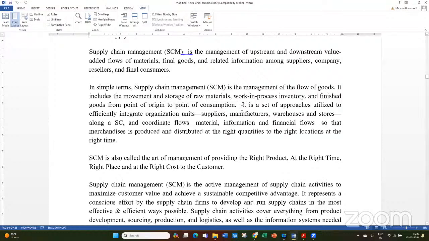So even they are thinking of a set of approaches. Supply chain is a set of approaches for efficiently integrating units such as manufacturers, warehouses, and stores, so that the product or service is produced and distributed to the right locations at the right time.